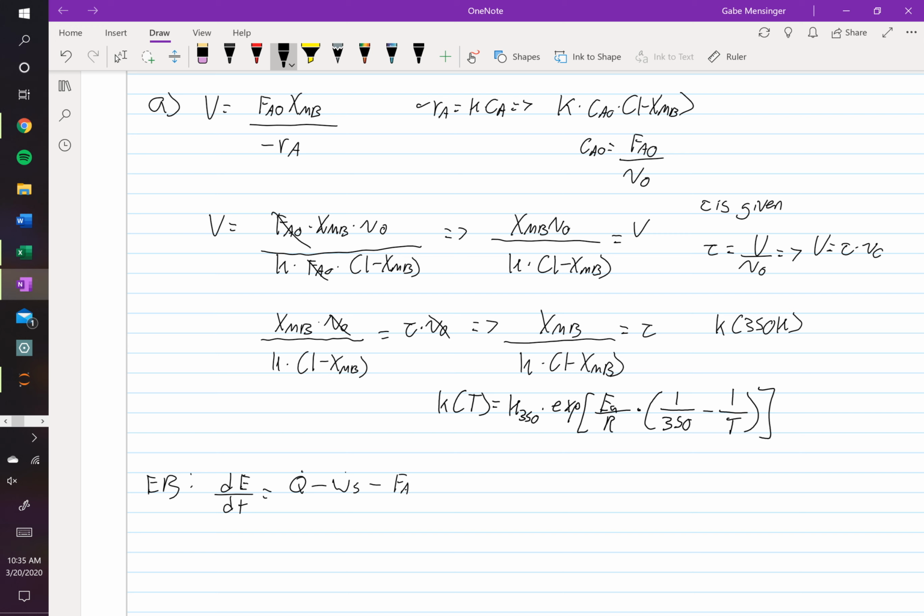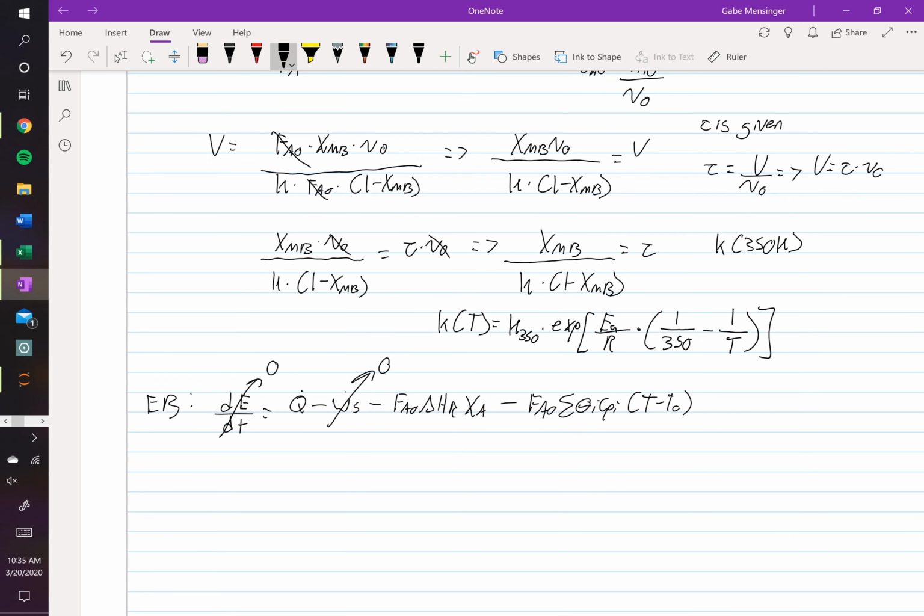That's FA naught delta HR X A minus FA naught theta I CPI T minus T naught. All right, we're assuming steady state. We're assuming no shaft work. We are told it is a jacketed reactor, so Q dot is going to be equal to UA times TA minus T, where TA is the temperature of our cooling medium.